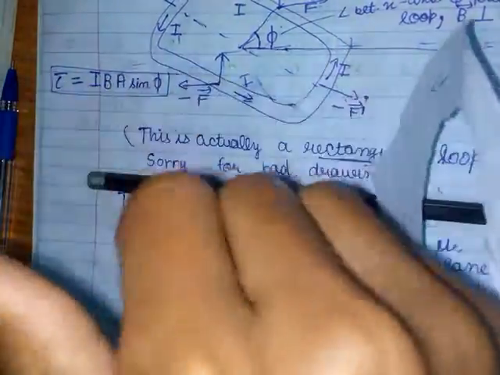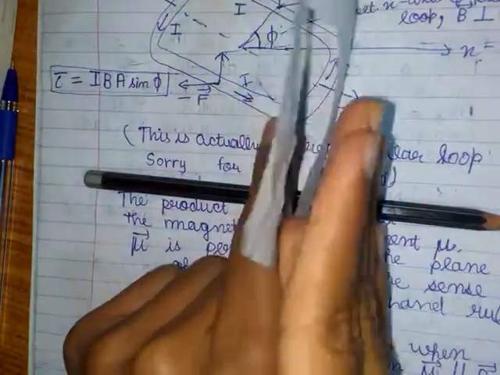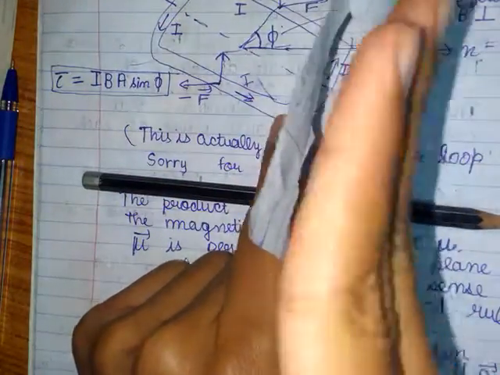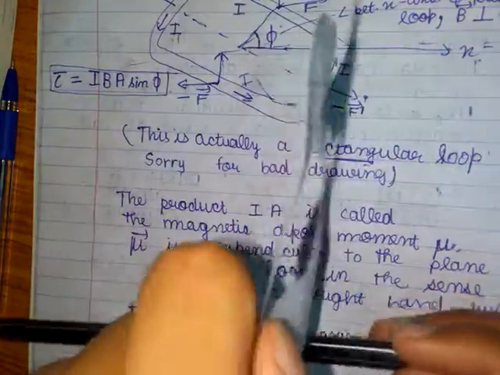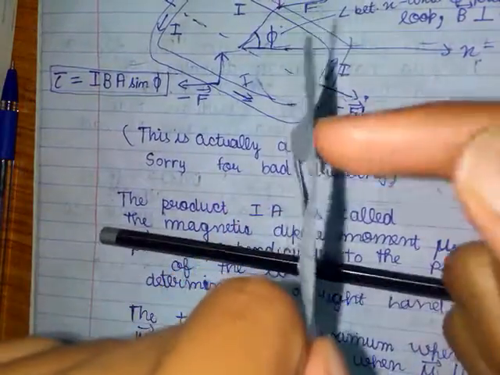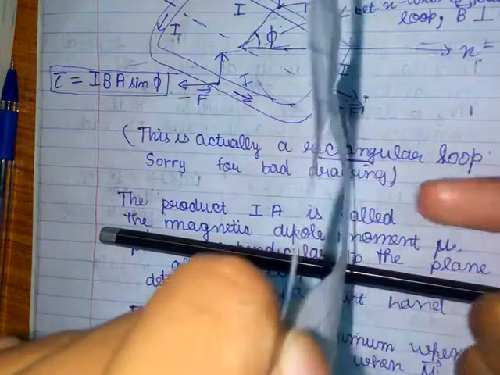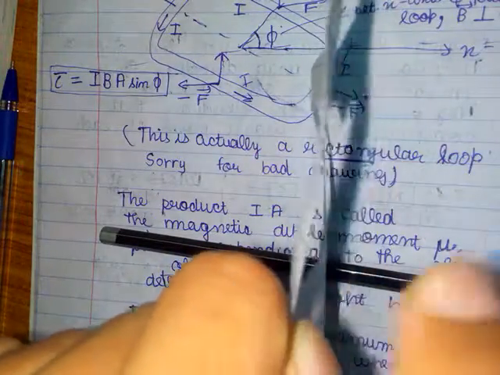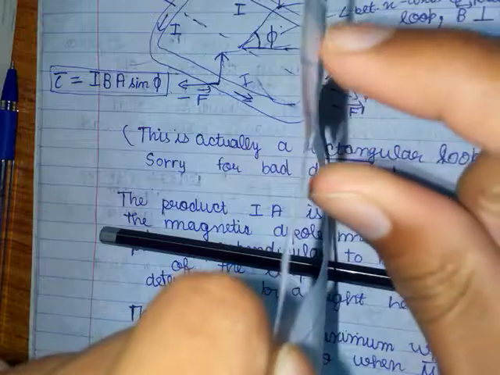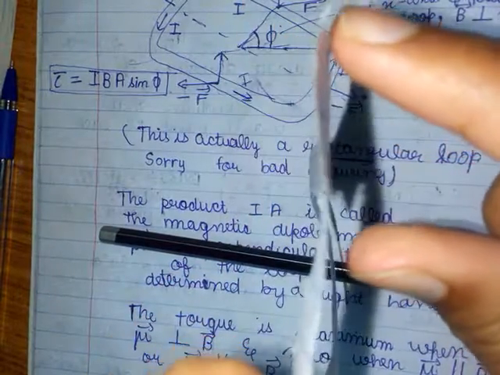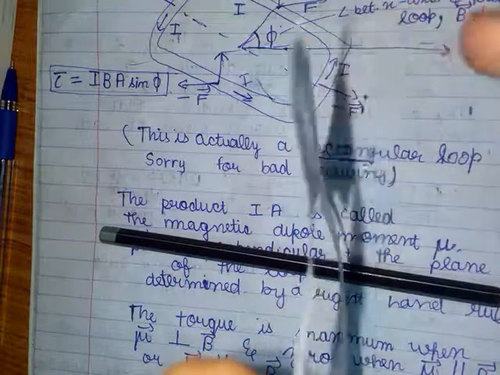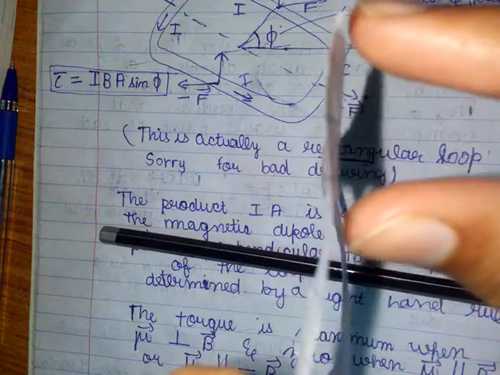Therefore, when mu is perpendicular to the magnetic field, it's like this. So the coil is actually like this. When the coil is like this, the lever arm is maximum because the axis of rotation goes like this, and the distance between the axis of rotation and the line of application of force is this, the maximum.